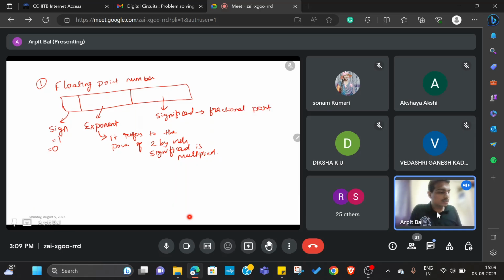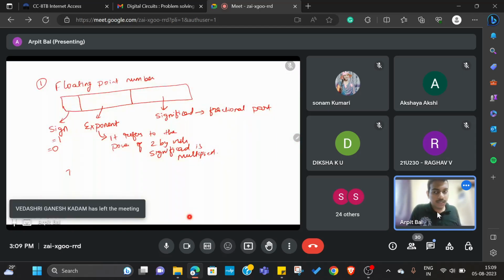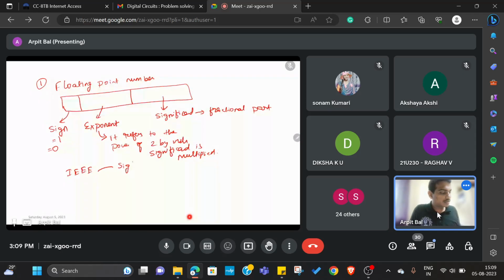IEEE defines two standards: one is single precision floating point and the other is double precision floating point.